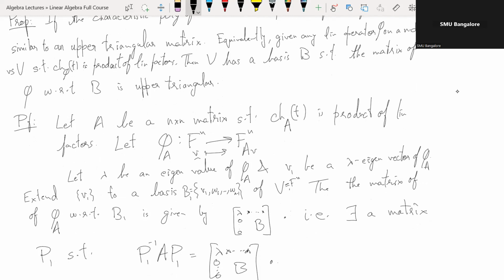There will be something in the first row, and then you get a matrix B, which is a square matrix of order n minus 1.